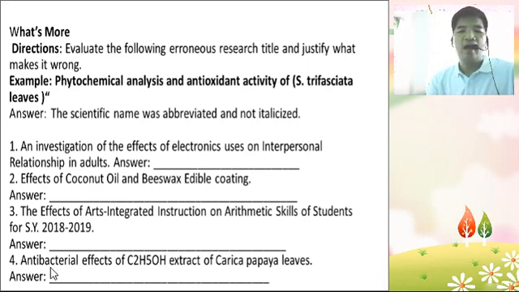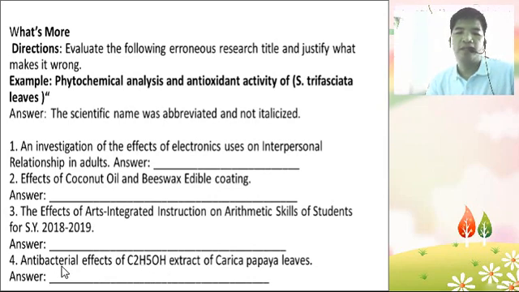And the last one is "Antibacterial effects of C2H5OH extract of Carica papaya leaves." I think the use of C2H5OH is wrong, do not use chemical formula. You should use the name of this compound, which is ethyl alcohol.